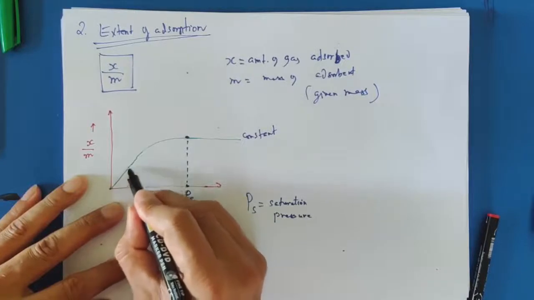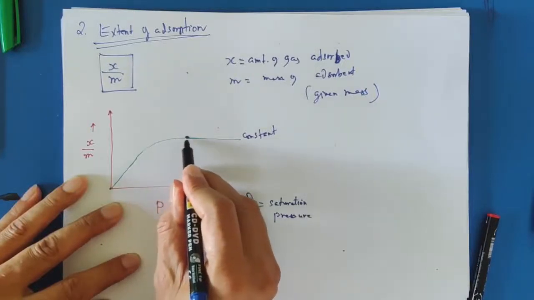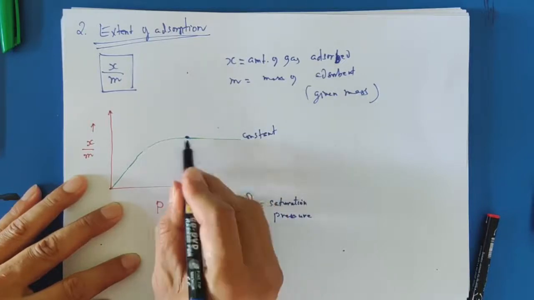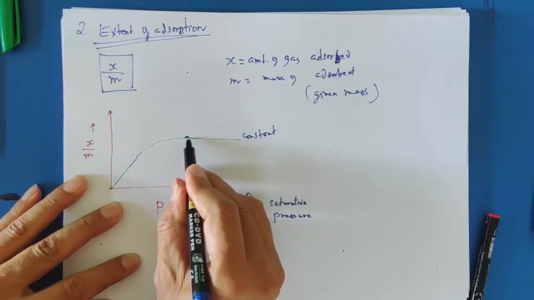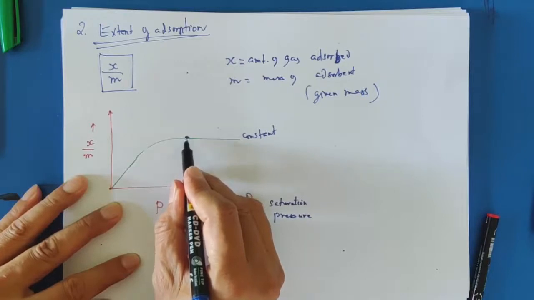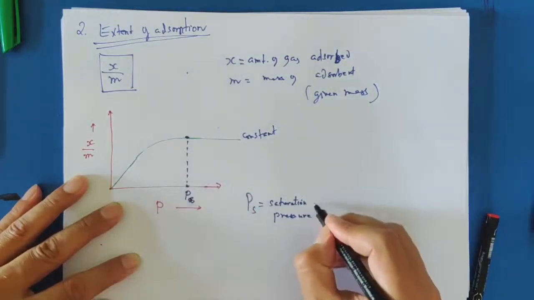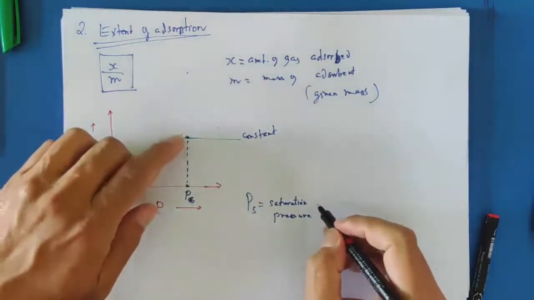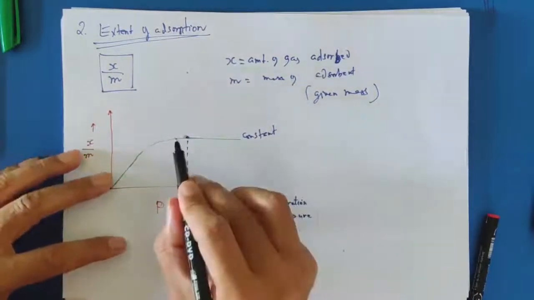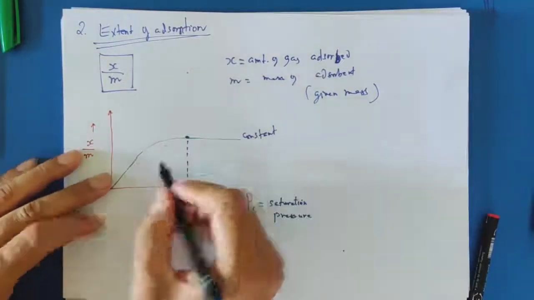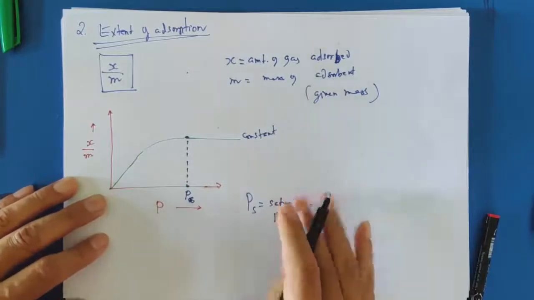From this point the graph becomes a straight line. It's called saturation pressure because the adsorption process stops here. So it's called saturation.